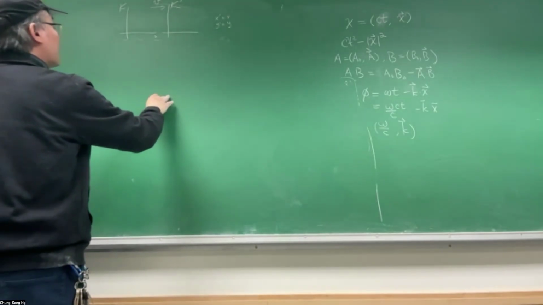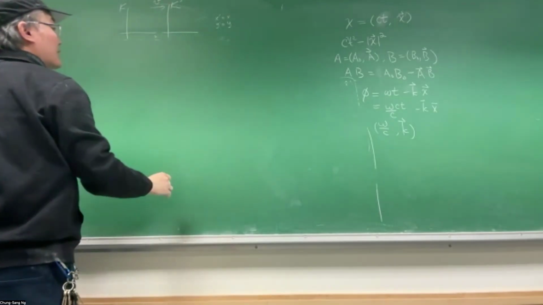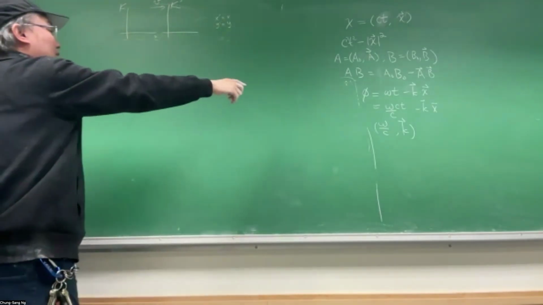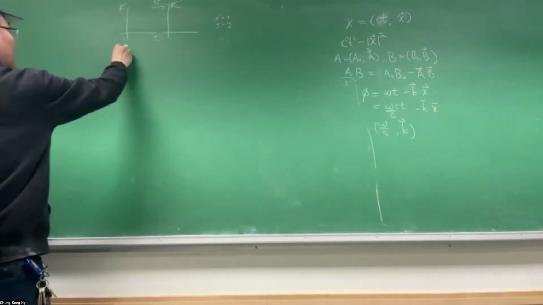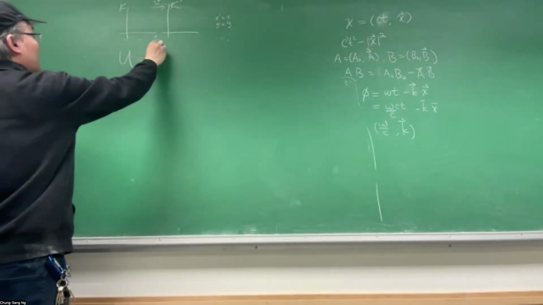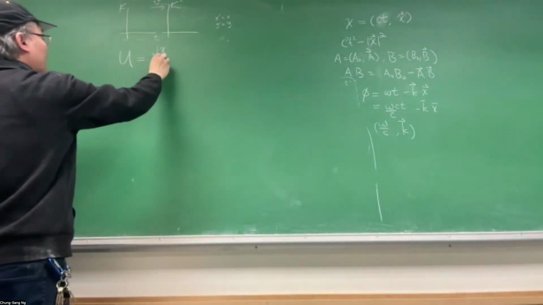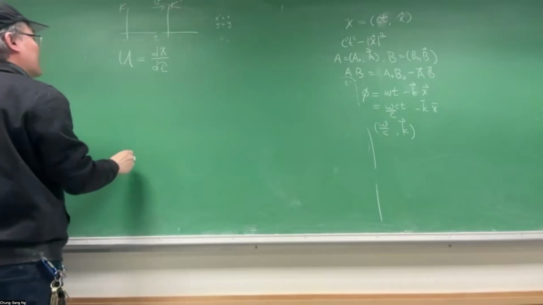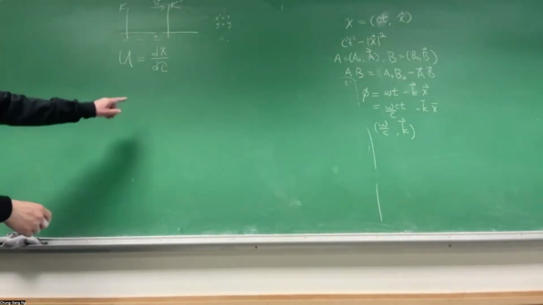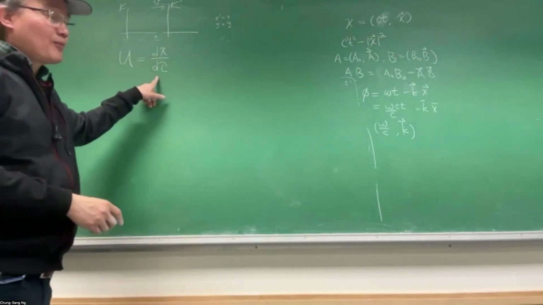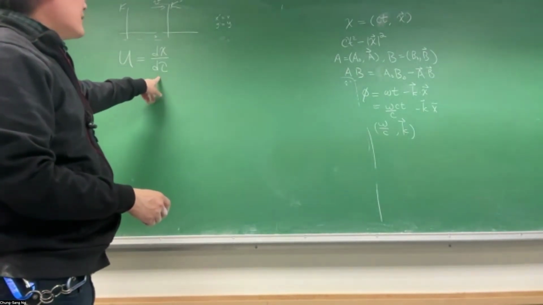We are using a simplified way. If we already have this x four vector, we define a u four vector. This x is a four vector, but if we take a derivative with respect to the proper time, then this is also a four vector, because we already learned that the proper time is invariant.